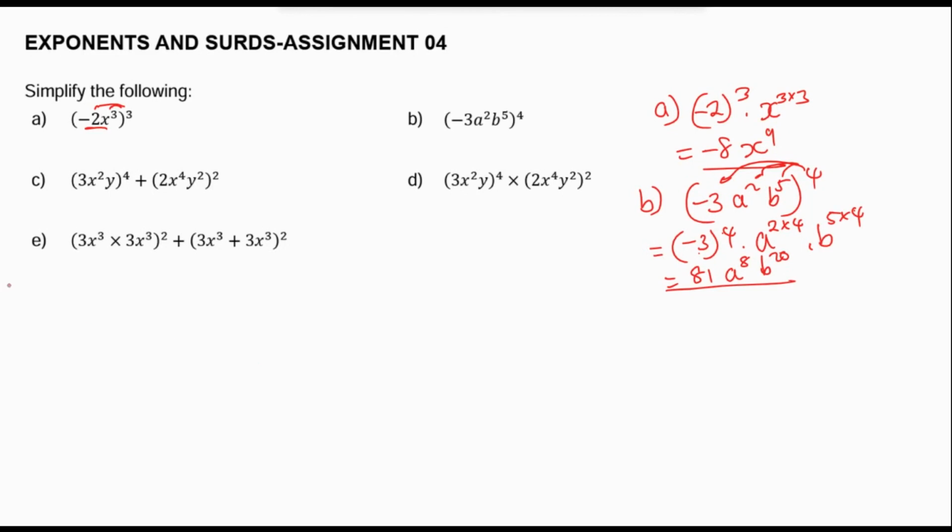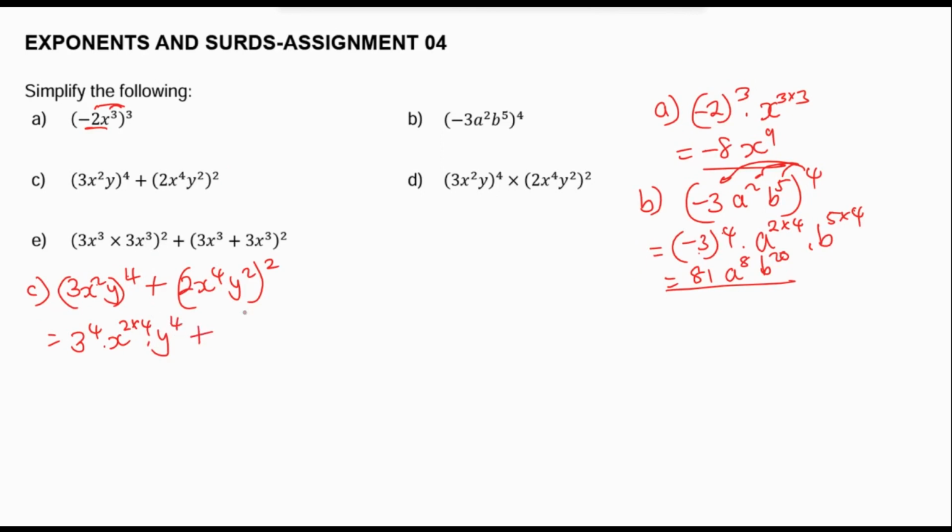Okay, then c, 3x squared times y, raised to the power 4, plus 2x to the power 4 y squared, all raised to the power of 2. So we distribute the exponent here, it becomes 3 to the power 4, then x to the power 2 times 4, then y to the power 1 times 4, so it's 4.